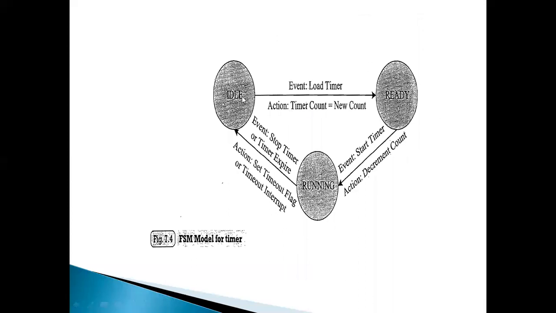Initially the timer will have three states: idle, ready and running. Initially idle. Whenever you start the car, it will be loaded with the timer and it will be ready. When your driver does not wear the seat belt, then it will start.